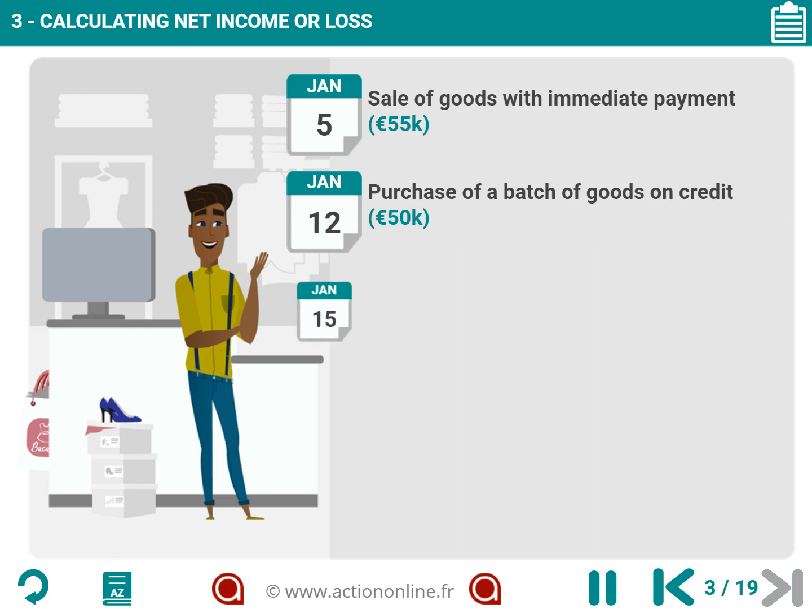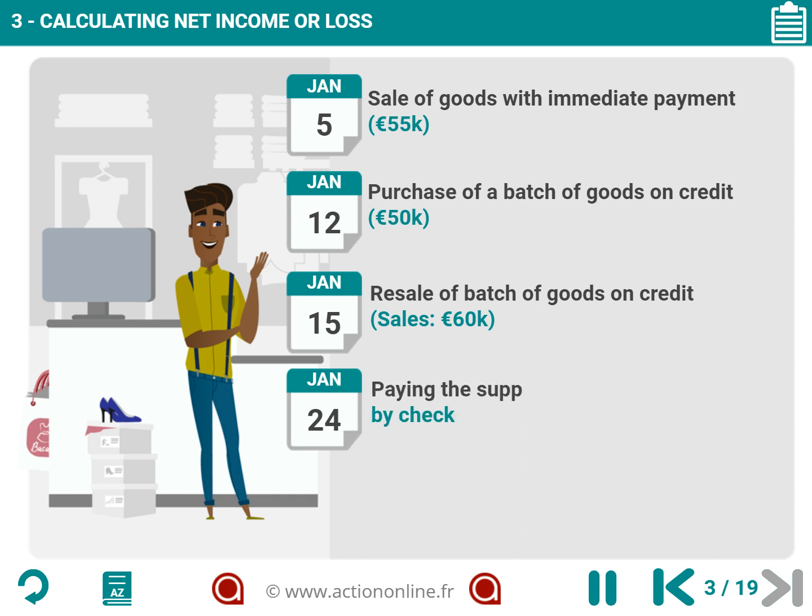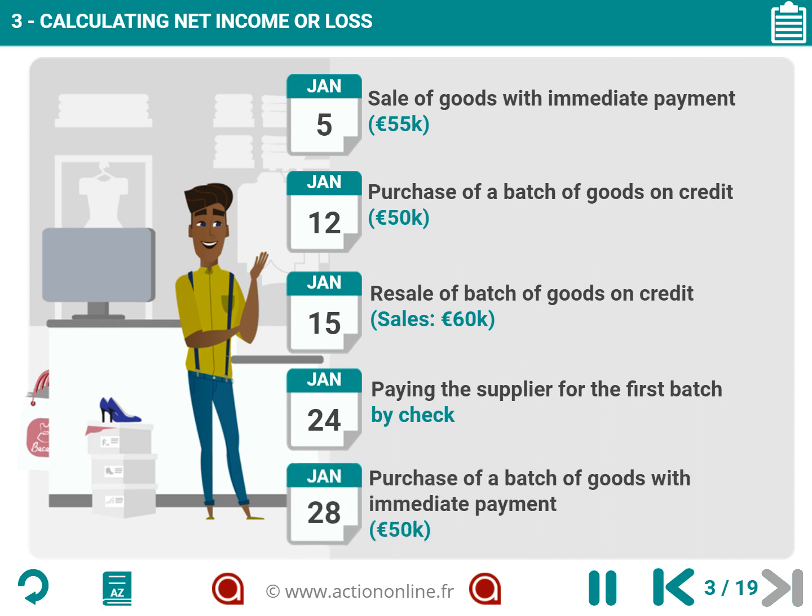On the 15th of January, it resells the batch for €60,000, allowing the customer to pay on credit. On the 24th of January, it pays the suppliers by cheque for the first batch bought, and on the 28th of January, it buys a third batch of goods for €50,000 with immediate payment terms. We will go through each of these transactions in the following screens.